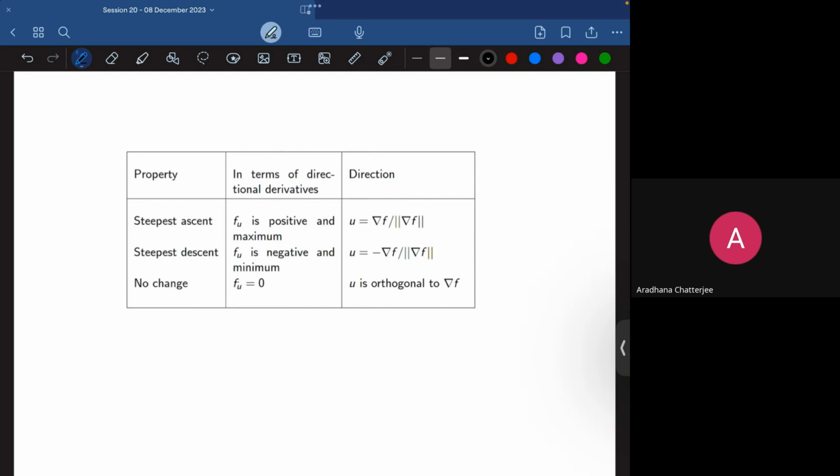Orthogonal is 90 degrees in two dimensions, but the main thing is that their dot product has to be zero. So if two vectors are perpendicular, their dot product is zero. But we also consider the case where, suppose you have some vector and the zero vector, the dot product is still zero.